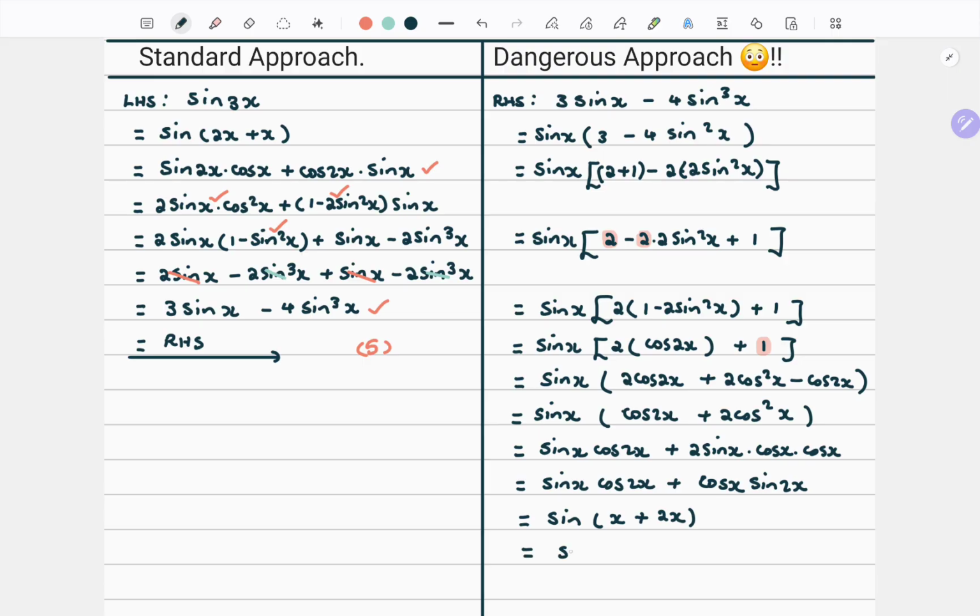This simplifies to sine 3x, which is equal to the left hand side. The identity has been proven, but you can see, guys, this is not as direct as you would wish. More work needs to be done.